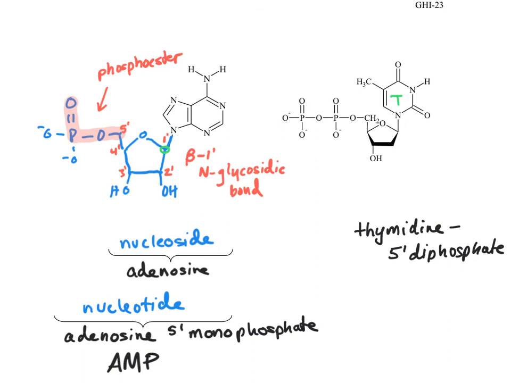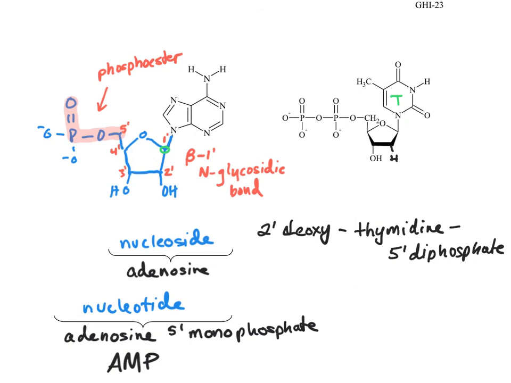The answer is we're missing an alcohol here. There's just a hydrogen there instead. And because of that, we go back to our sugar nomenclature and say that this is called 2'-deoxythymidine 5'-diphosphate. So that is how you name nucleotides, and we'll practice that more on the homework.